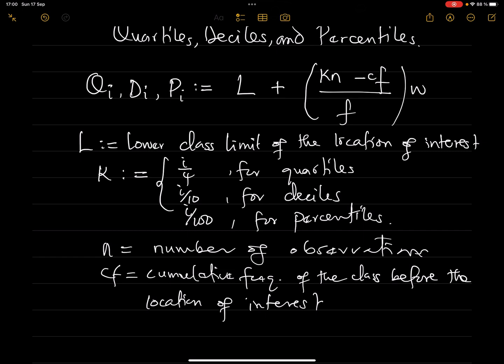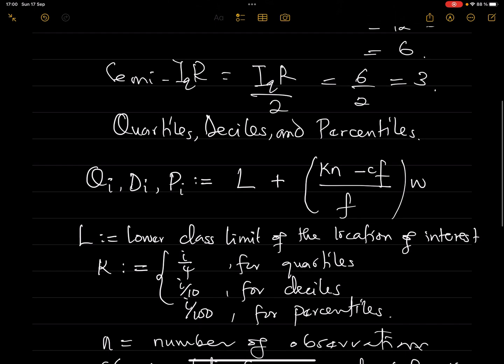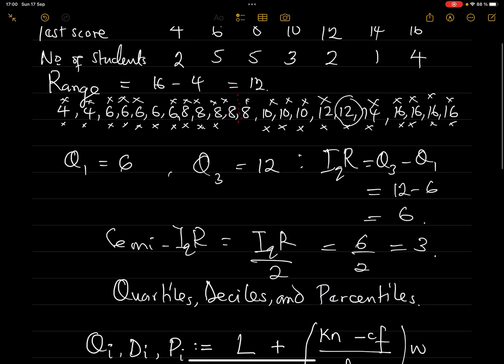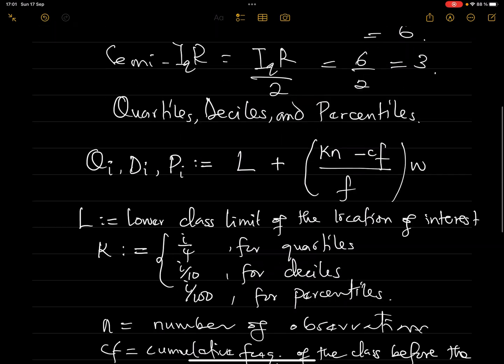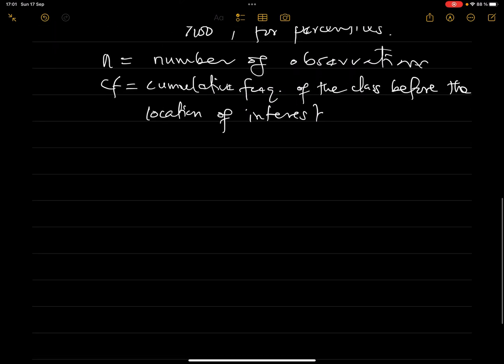So let us start with Q1. I want to use this data set, my test score, and I want to get Q1, the lower quartile, and also Q3, the upper quartile, so that I can get the interquartile range. So for you to do that, you need to set up a table.